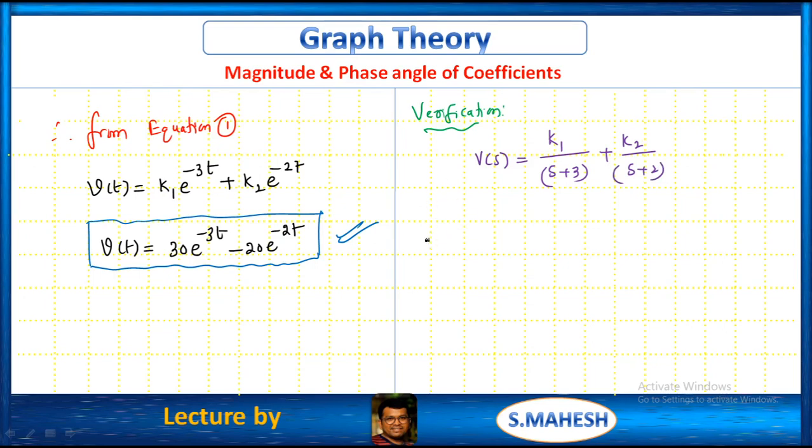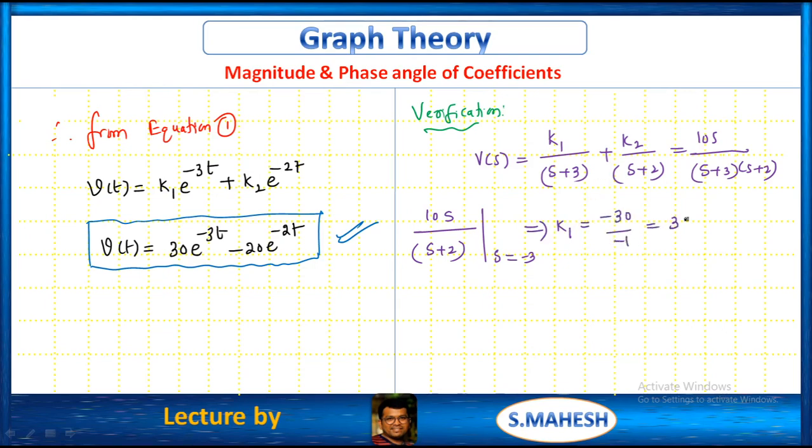So to get K1, sorry, first we have to get, what is the equation? Which is equal to 10s by s plus 3 into s plus 2. So 10s by, to get K1 there is no term of s plus 3, but we have to calculate when s is equal to minus 3, which is nothing but K1, right, which is equal to minus 30 by minus 1, which is 30.